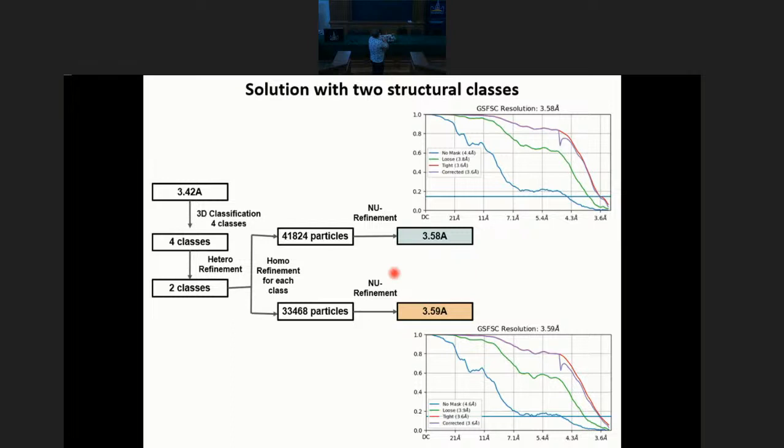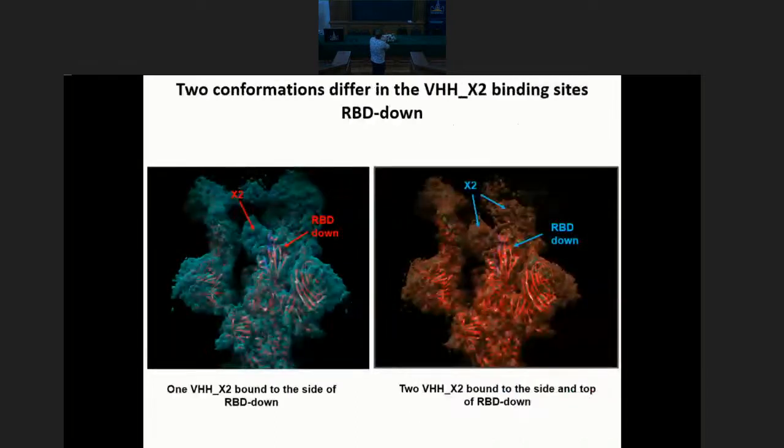They contain about 40,000 particles and 30,000 particles, and each represents an individual structure with quite good resolution. If they compare these structures, they observe that they differ by the number and size of antibodies bound to RBD domains.